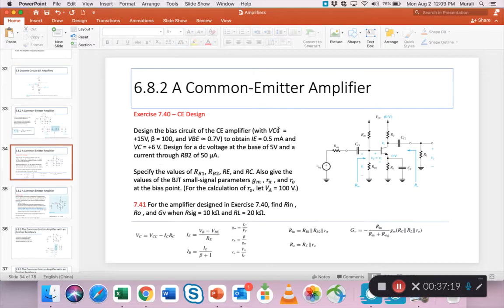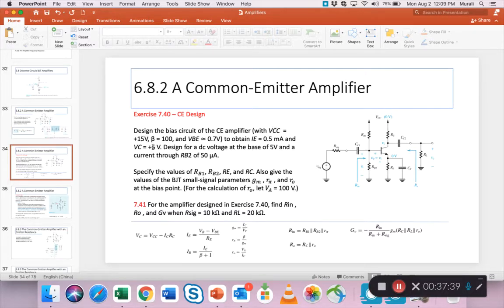Now VCC, which is here. Remember when this says 0, those are the signal values, not bias values. So for biasing, we use the given VCC as 15 volts.